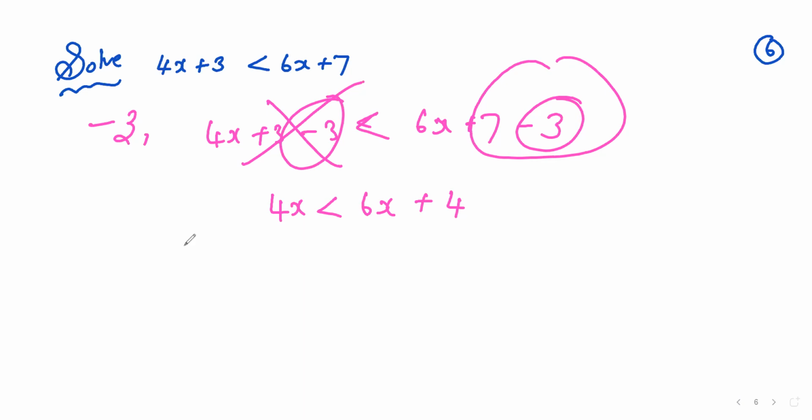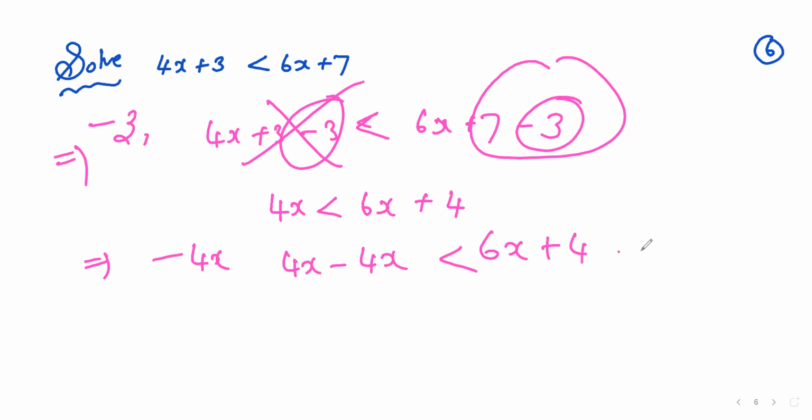Okay, both sides minus 4x. What will come? 4x minus 4x, and 6x plus 4 minus 4x.